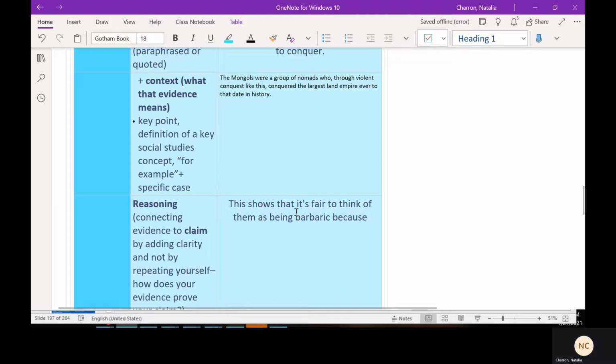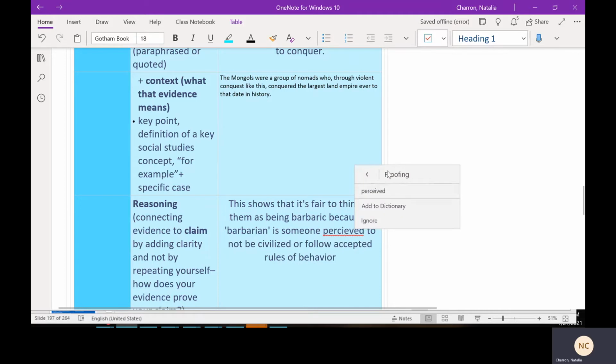So, because a barbarian is someone perceived to not be civilized or follow accepted rules of behavior.